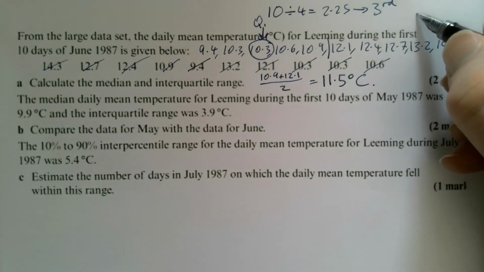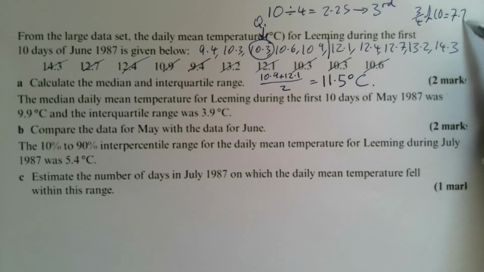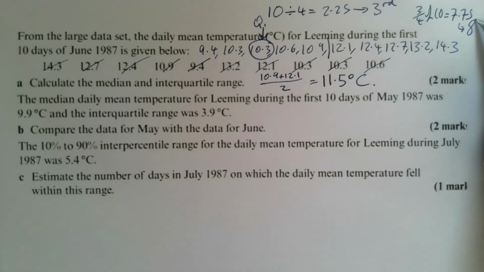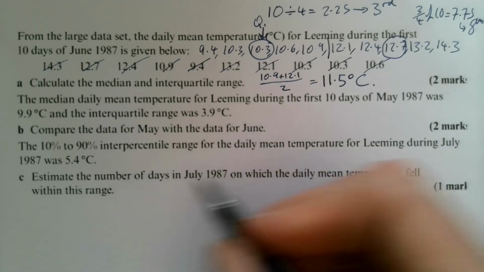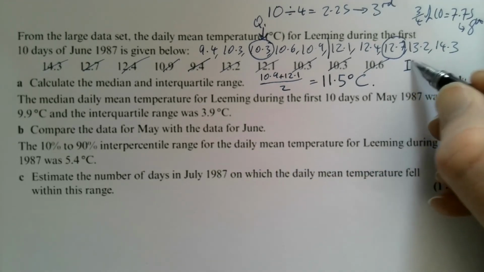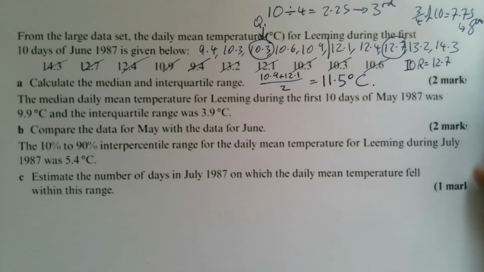Then for the third one, 3/4 of 10 is 7.75. So again, you round up to the 8th value, which is that one there. So the IQR, or interquartile range, is going to be 12.7, take 10.3, which is 2.4 degrees C.